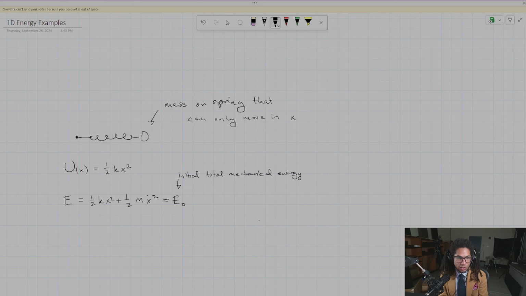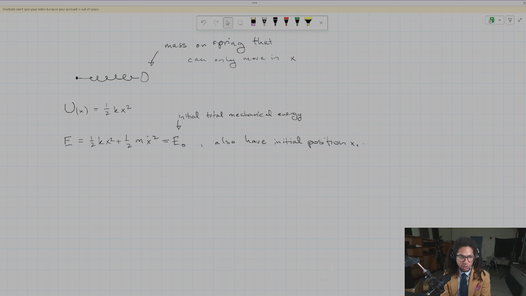The other initial condition we need is the initial position, so I'll say we also have initial position x naught. Good. Now I have a diffie-q that I can solve. This is one diffie-q with one extra initial condition.